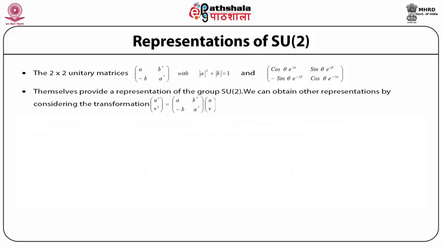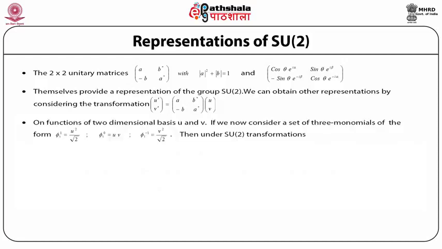We can obtain other representations by considering the transformation on a basis vector u and v. Let us consider the transformation where u prime, v prime is transformed by the matrix a, b star, minus b, a star acting on u, v. We have the basis u and v.